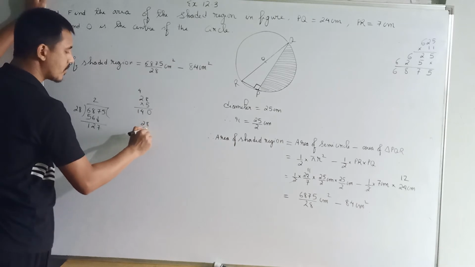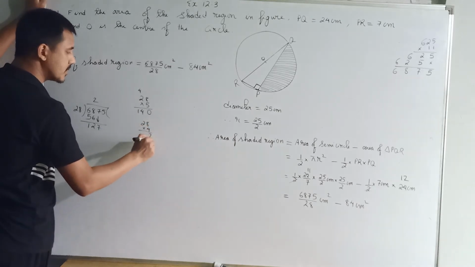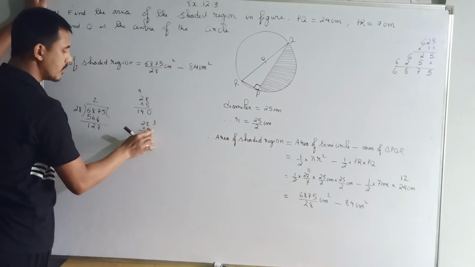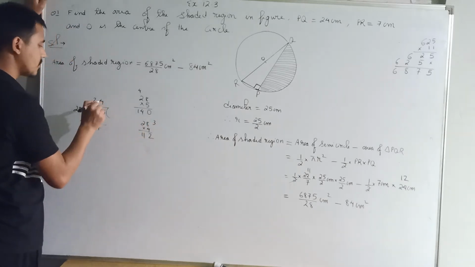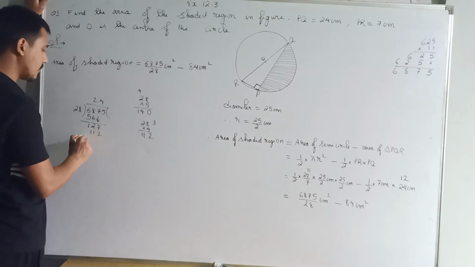So let's go for 4 times. 4 8 times is 32, 3 carry. 4 2 times is 8 plus 3 11. So 4 times is 112.